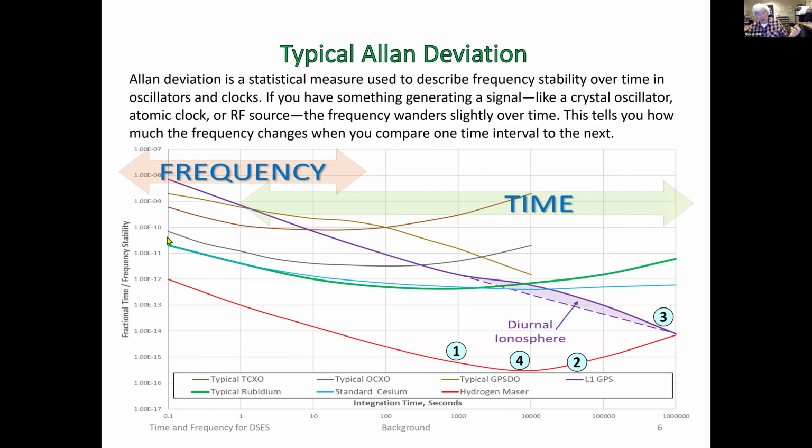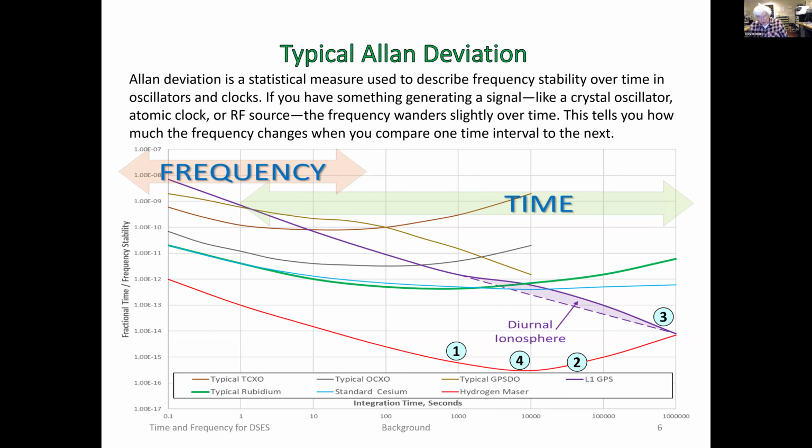The requirements that I just talked about are the bubbles here, 1, 2, 3, and 4, and you'll see that no oscillator, including GPS and GPS disciplined oscillators, even comes close. So the only thing that meets those requirements is the red line, and that's a hydrogen maser, and I should have been more precise. It's a passive hydrogen maser.